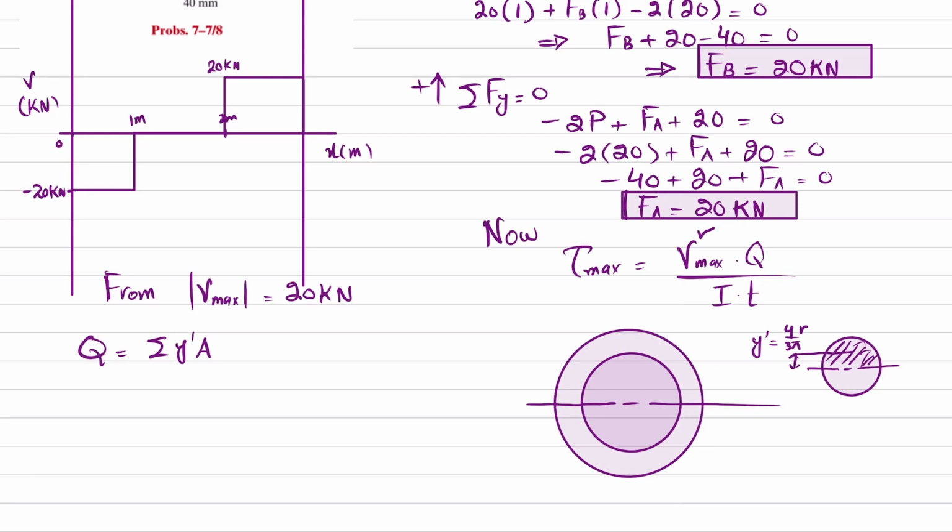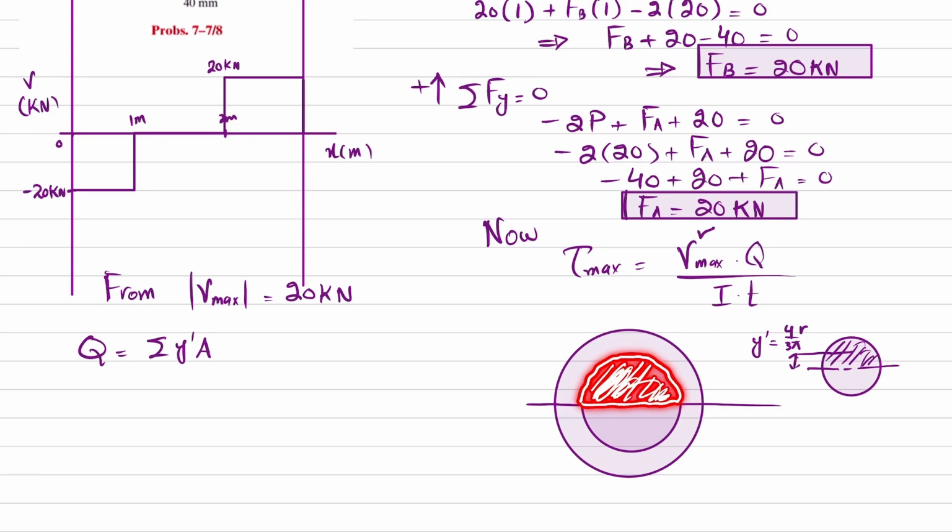So what we will do is consider this first as a solid, and find the Q, the first moment of area, of this solid semicircle. Then we will subtract this solid shaded semicircle, and we will find Q for that as well.